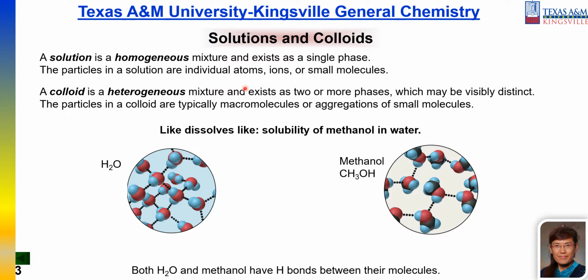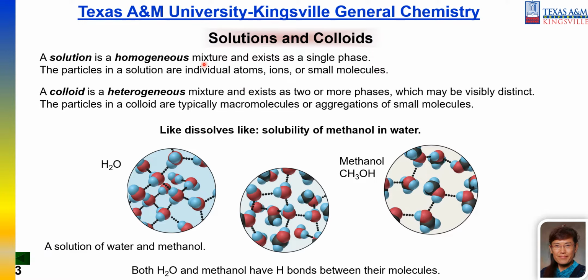First of all, let's define the 2 different mixtures. We already know a mixture is composed of 2 or more different substances which physically mingle together. Your solution is a homogeneous mixture.